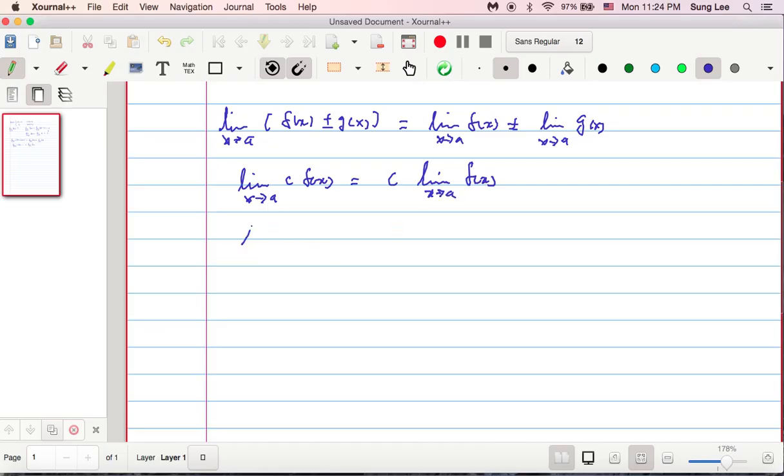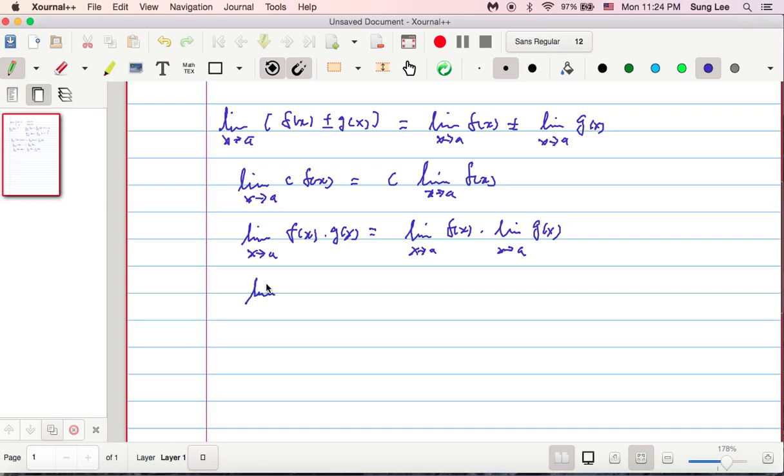And the limit of f of x times g of x when x approaches a, that's the limit of f of x times the limit of g of x. Of course, in this case, the assumption is that both the limit of f of x and the limit of g of x exist, right?